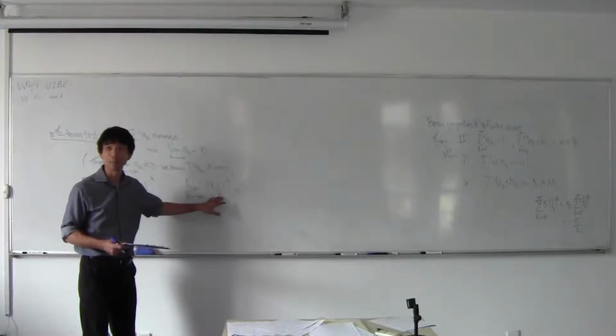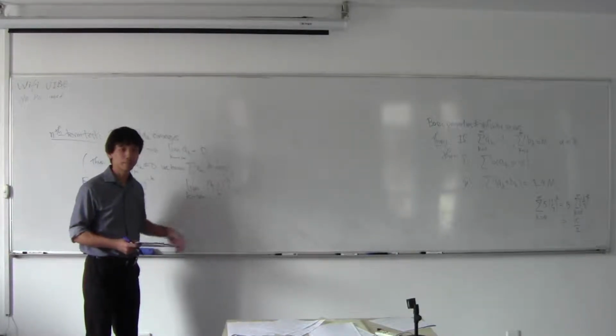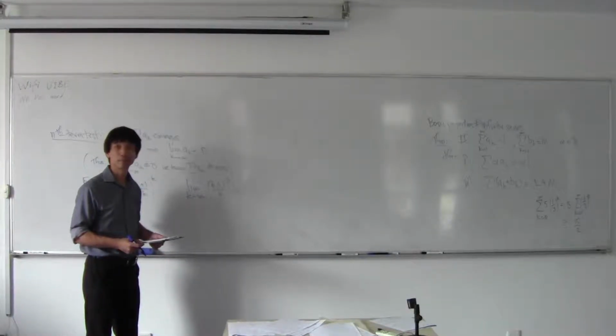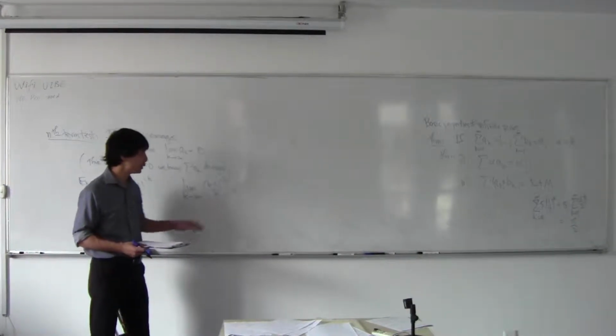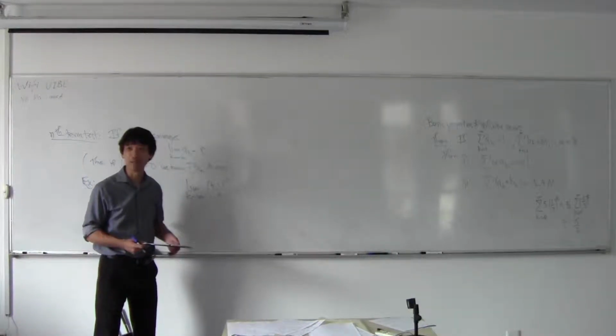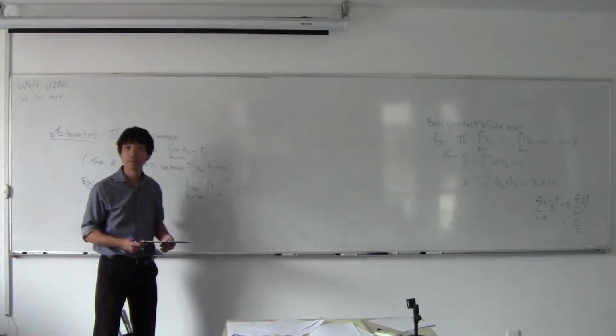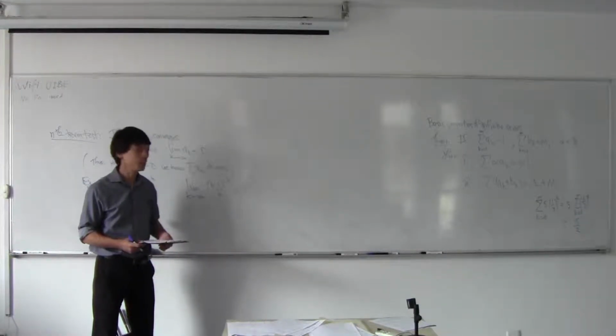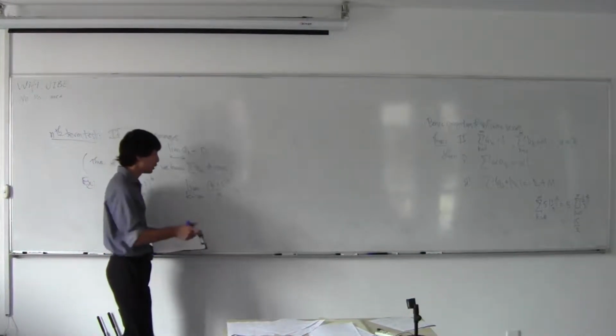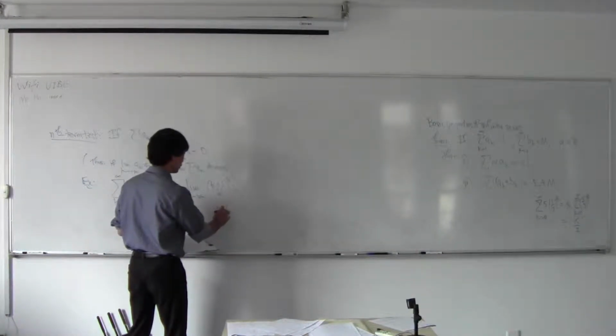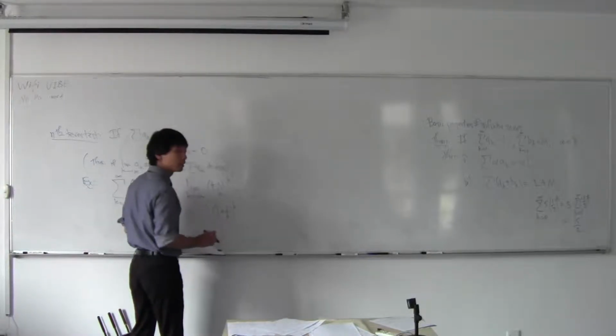Does anyone recognize this? No? Well, you should know this one actually. I'm hoping that. It's e. That's right. Because this is actually (1 plus 1 over k) to the k.